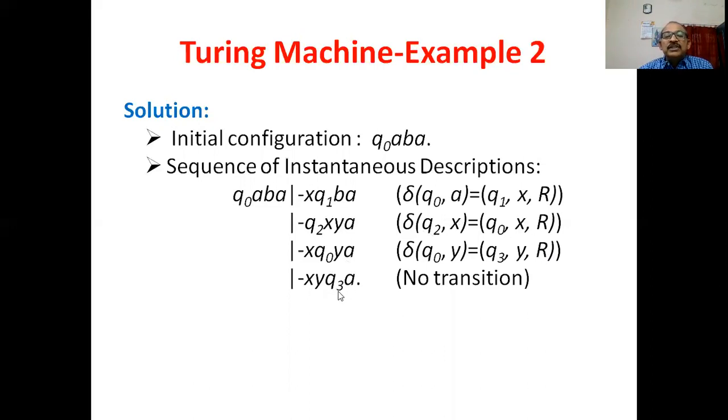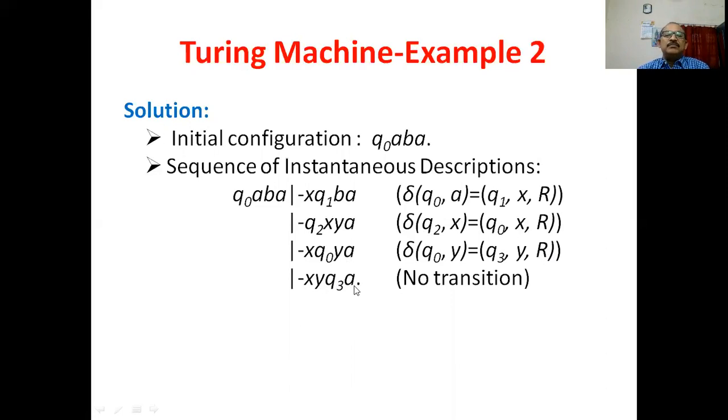Now the machine is in state Q3 and the input is A. You can see the list of transition functions. There is no transition function if the machine is in state Q3 and input is A. No transition function is defined for this movement.